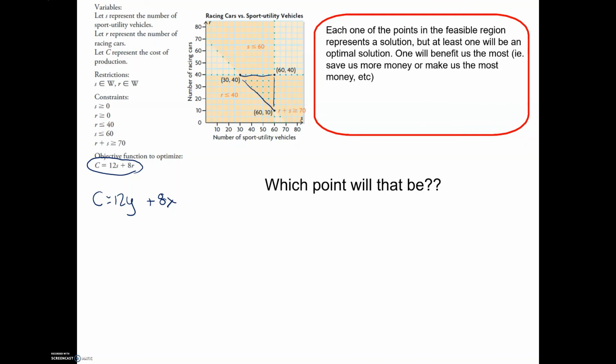If you want me to ruin the surprise, test your corners. They're called vertices. Plug in those 3 corners into your objective function. They're going to give you the maximum or the minimum.